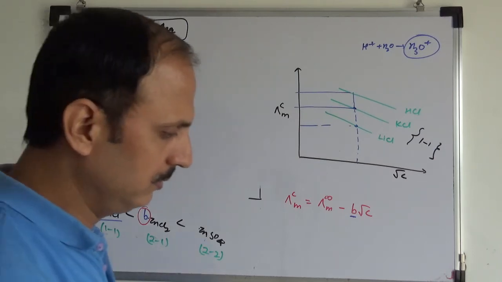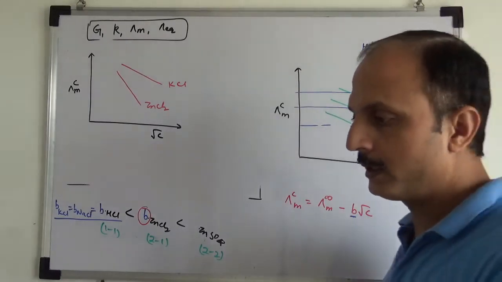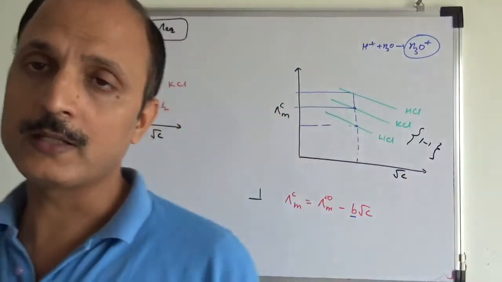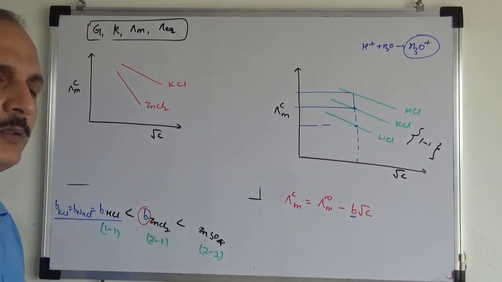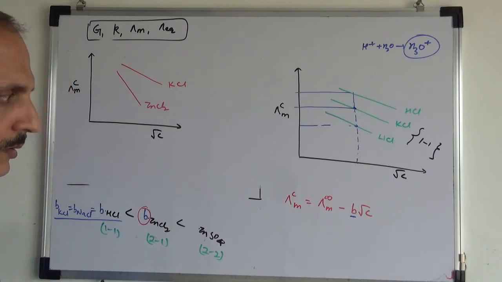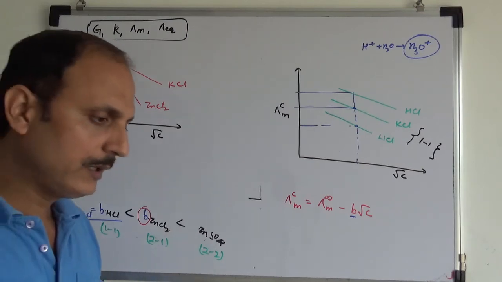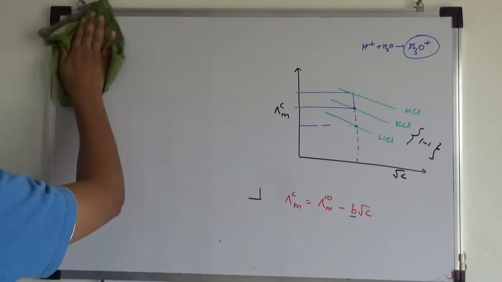Clear है ये? देखो, this is the molar conductance, means variation of molar conductance with the concentration, with the dilution. Okay, this is for a strong electrolyte. Now the same thing we will go for weak electrolyte.